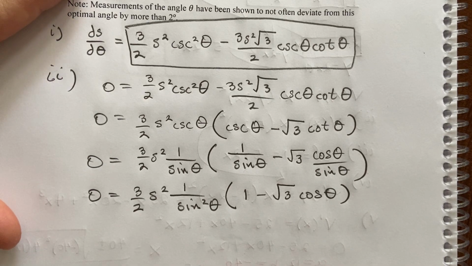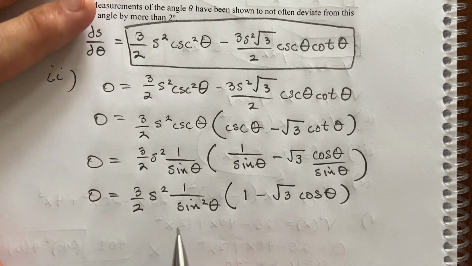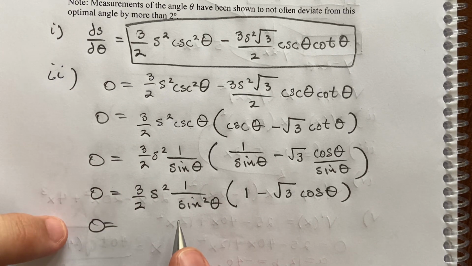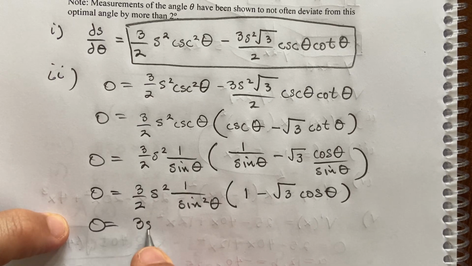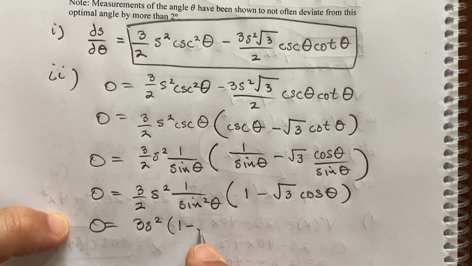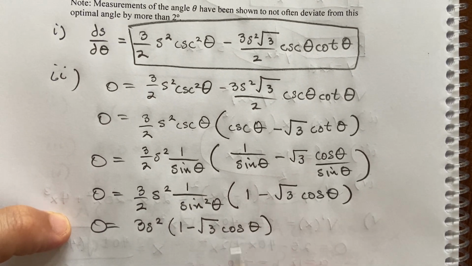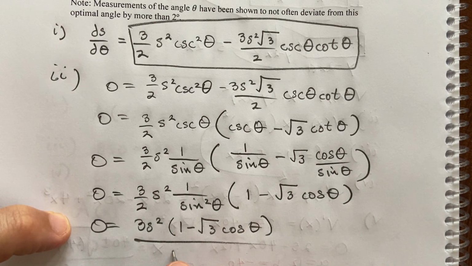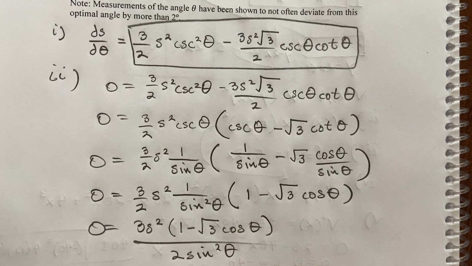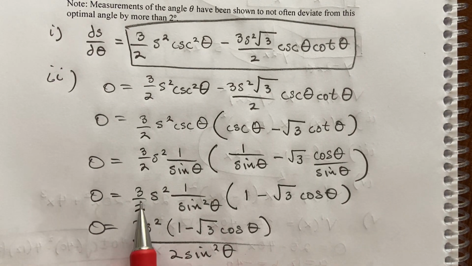So maybe rearranging. Okay, so I can rewrite things as 3s squared times 1 minus √3 cosine theta all over 2 sine squared theta. What I did was I left the 3 up top since it's in the numerator.